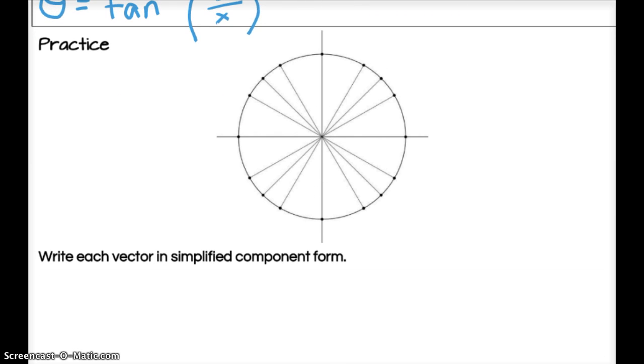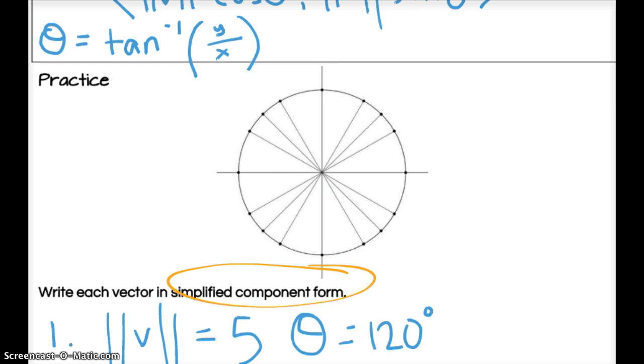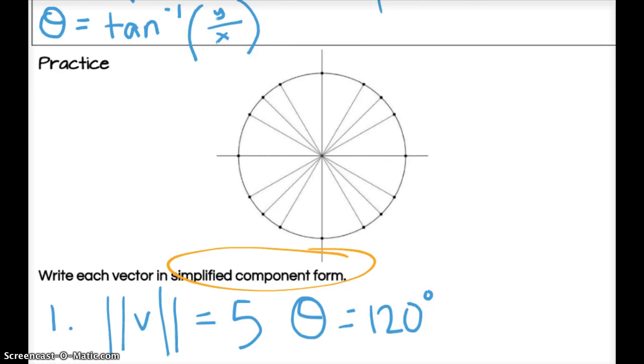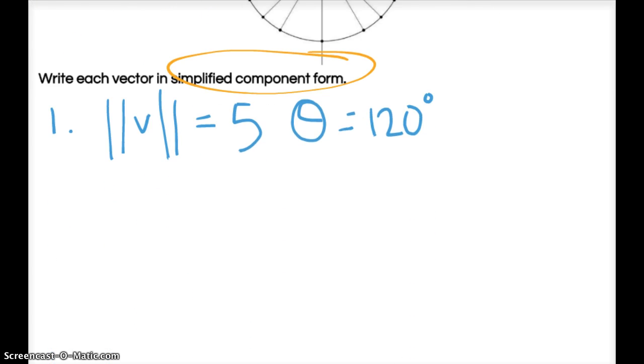You have some practice on the next page, and I think it would be helpful if I went through number 1 with you. Number 1 says the magnitude of a vector is 5, and the direction angle is 120 degrees. Can you write this vector in simplified component form? Well, I sure can, using the formula I came up with above.